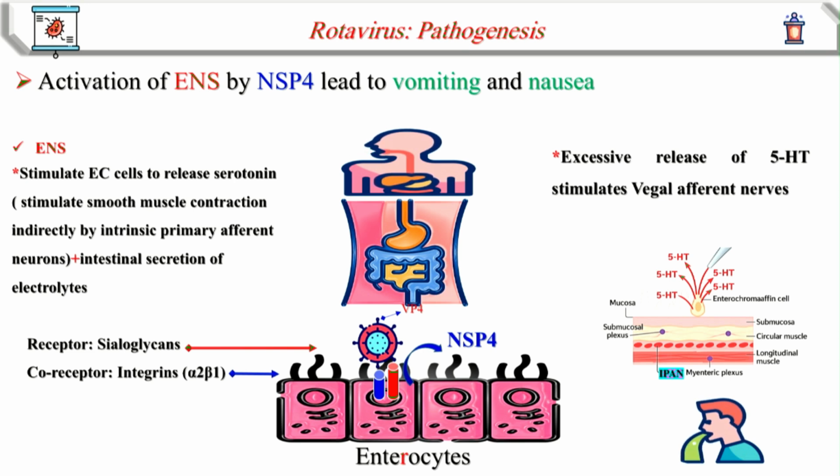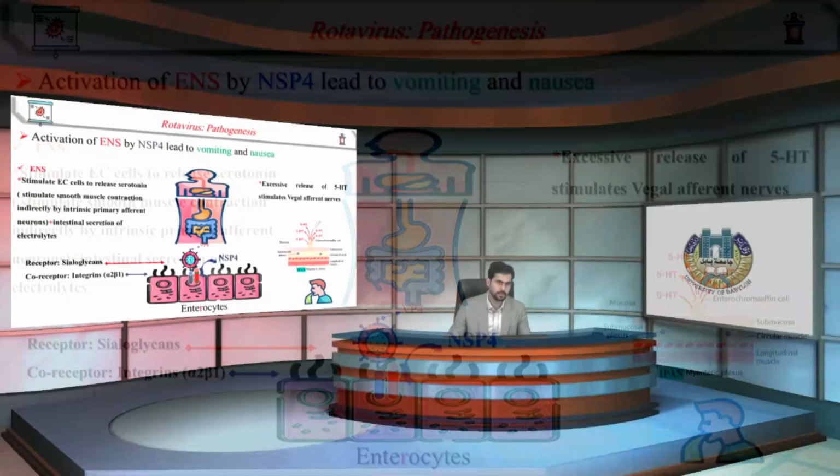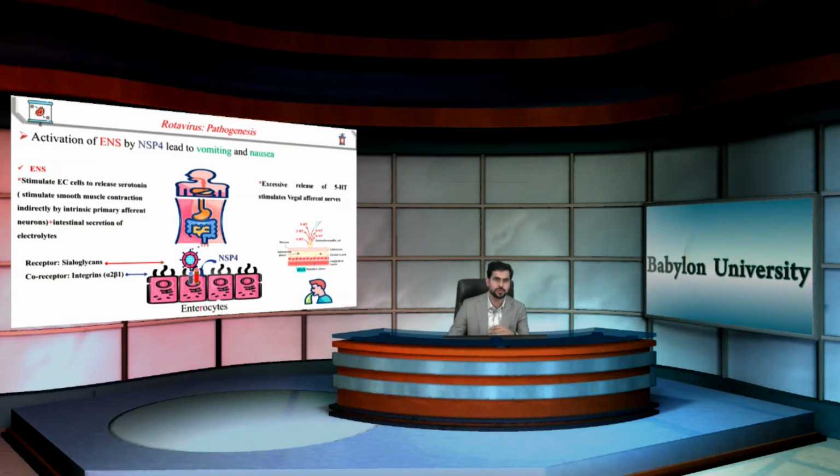And finally, the excessive release of serotonin due to non-structural protein 4 aids in vomiting, due to the inflammation or the aggregation of these viruses in the small intestine.